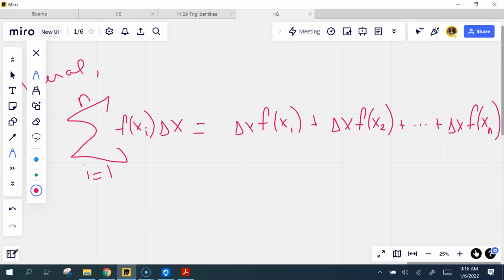It's just a different way to write it. That just tells you to start at 1. These are always going to start at 1. For right now, just assume they are always starting at 1.